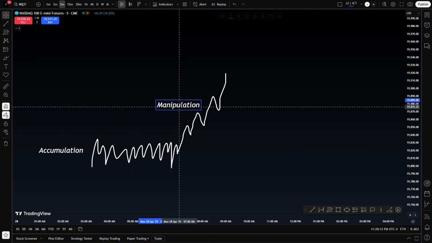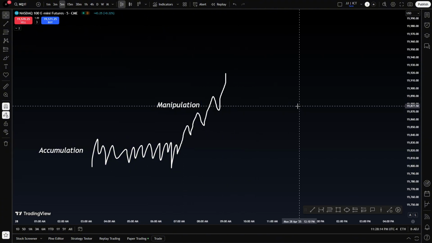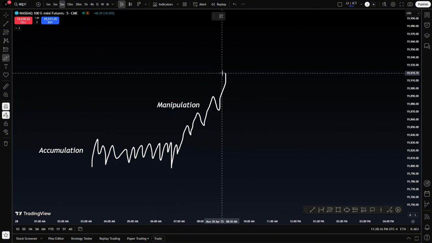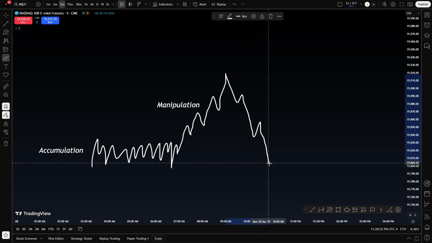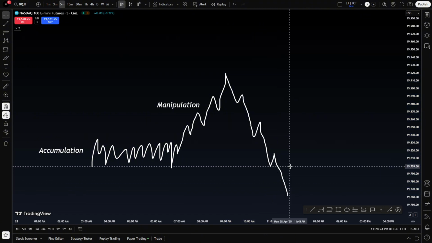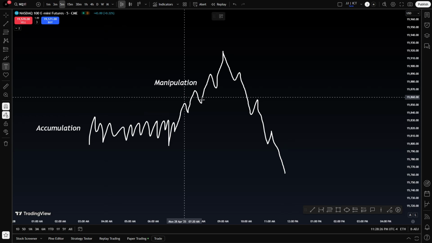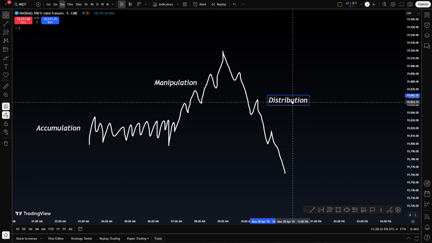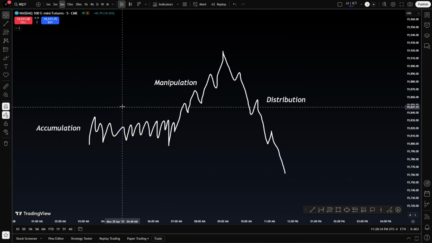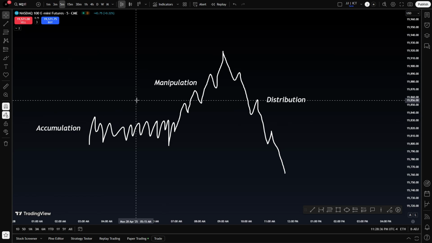Then afterwards, price will come back down, like so, and create distribution. We can put a text box over here and put distribution in it. So we have accumulation, manipulation, and distribution.